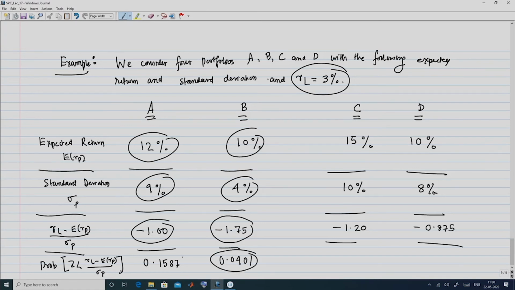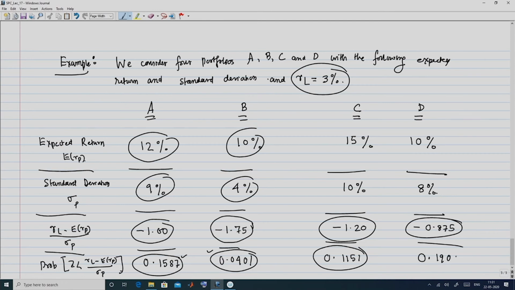As you can see, this is smaller than the first one because minus 1.75 is to the left of minus 1.00. Then for minus 1.20, you will expect that it will lie between these and it turns out that this is 0.1151, and for the last case you will have 0.1908.